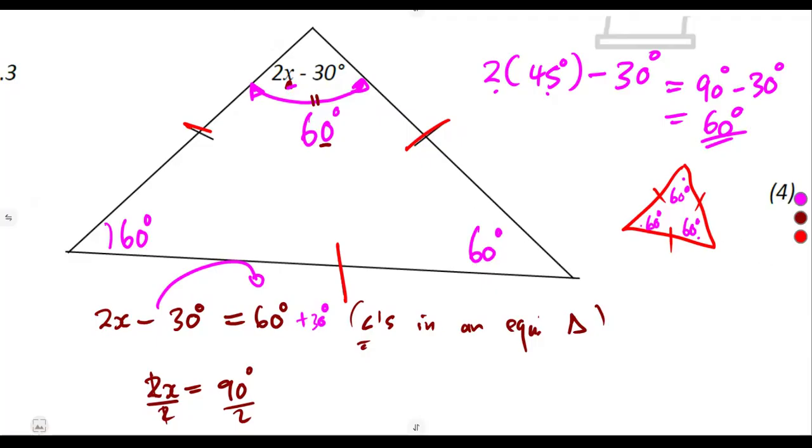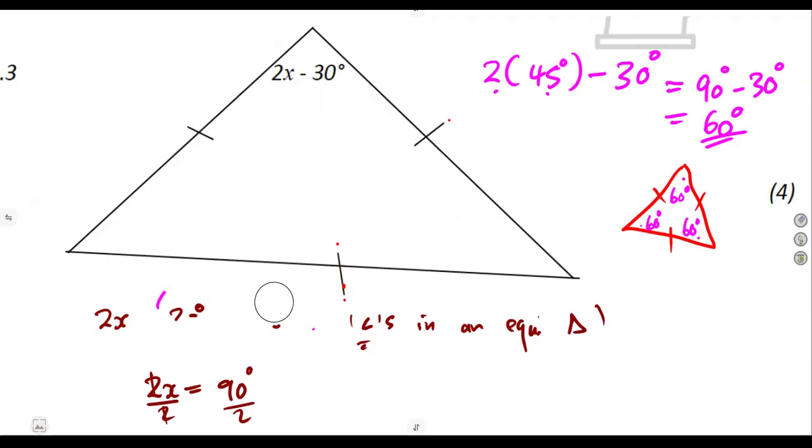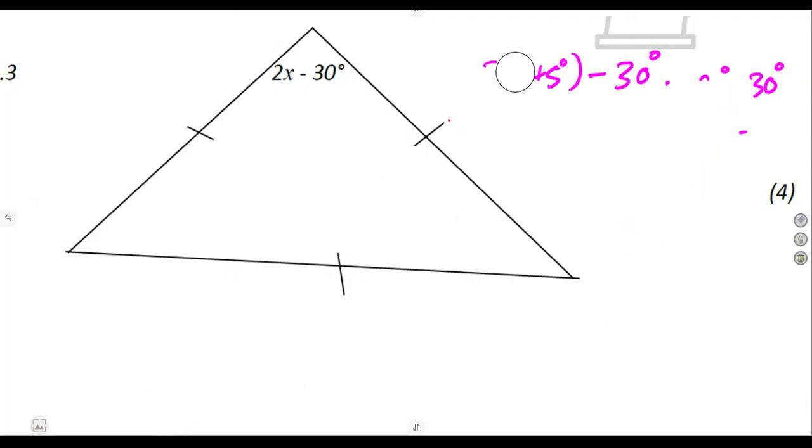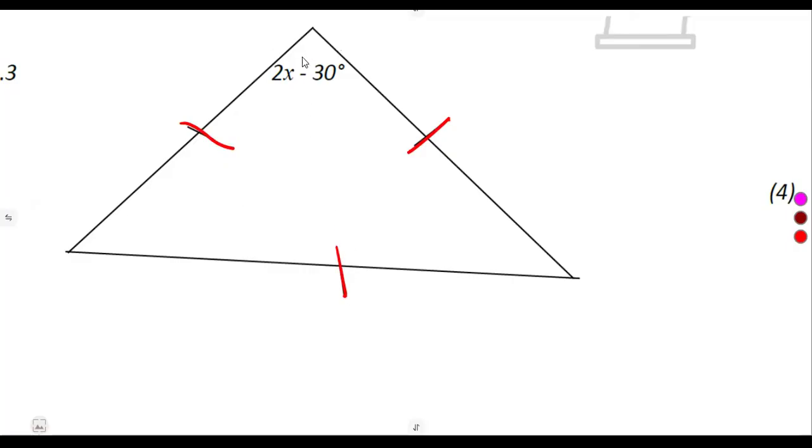All right. Is it the only way? Another way that we could have used is knowing that these angles are equal, because of this indication, we do understand it's equilateral. So if this is 2x minus 30, this angle also is supposed to be 2x minus 30, and this angle also is supposed to be 2x minus 30 degrees.